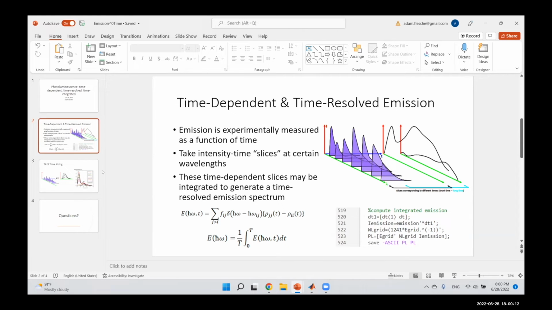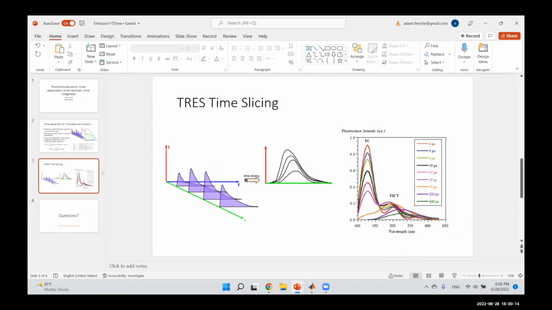It's nothing we haven't already talked about, but while I was doing research, I also found this time slicing that they do. So they basically just overlay these emission spectra over one another at different times. They actually plot another figure from this, which says how the intensity changes over time.